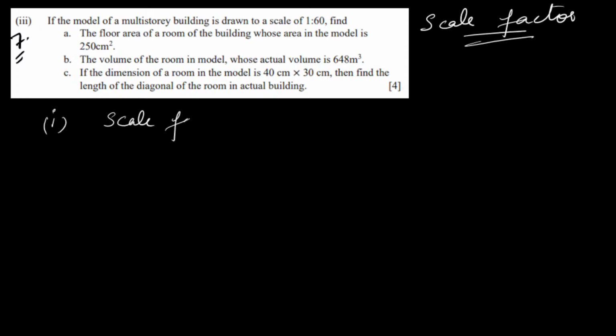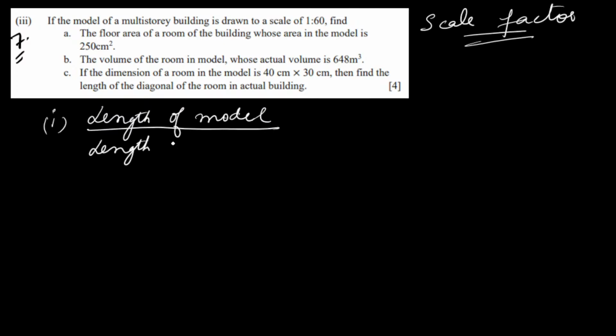Scale factor: length of model by actual length or length of building is equal to scale factor. Here the scale factor is 1 by 60. This is the formula when we are writing length.